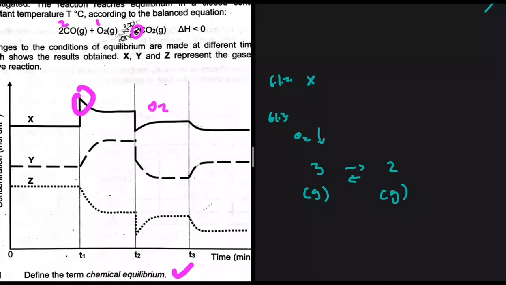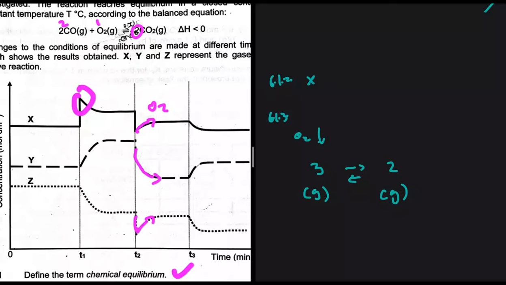And then look at Y. Y also goes down, but it doesn't bounce right up. O2 bounces up after it goes down, while Y keeps on going down. And then Z goes down, but bounces up together with O2, right?